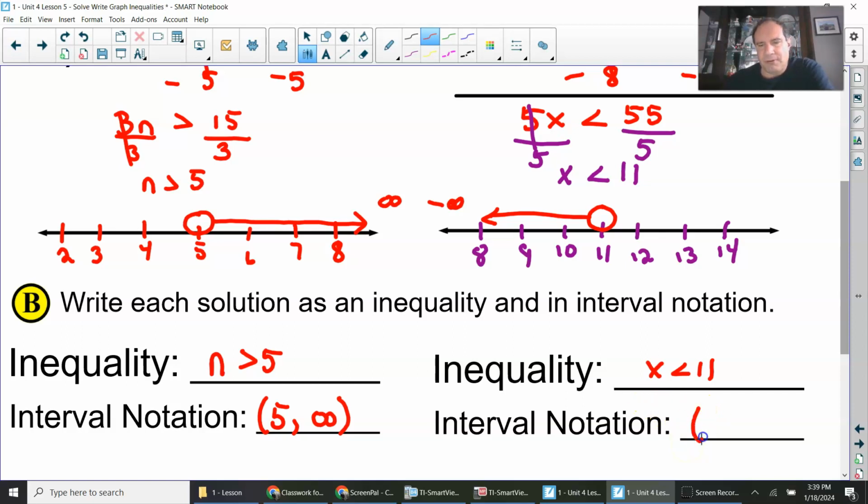So we're going to put a parenthesis and a negative infinity, and we are going to put 11 here with a parenthesis because it's just x is less than 11. It's just like a number line. You're setting it up like a number line. The number line would have 11 to the right-hand side and negative infinity goes to the left. So you're figuring it out just like the number line. And that's it for those two.